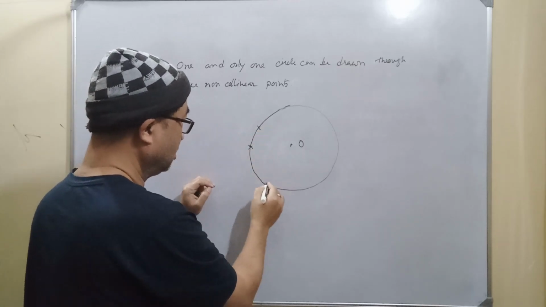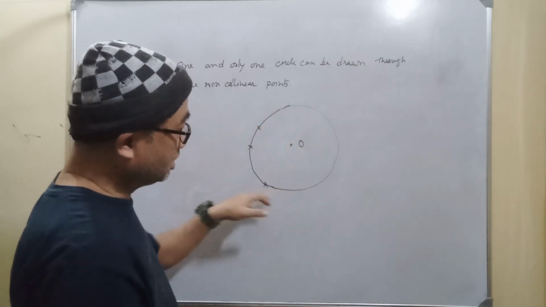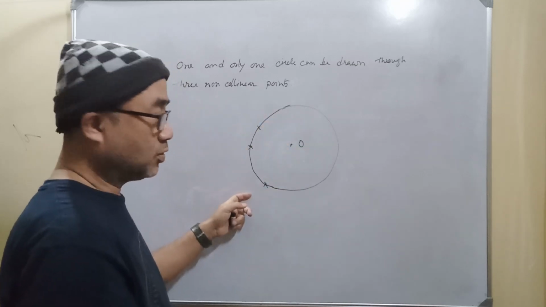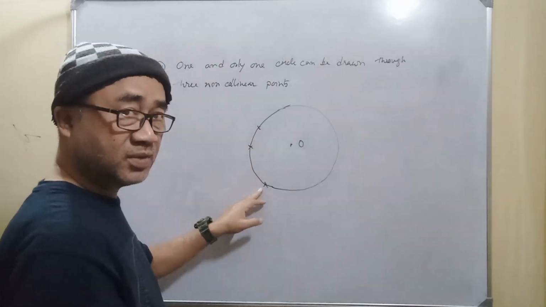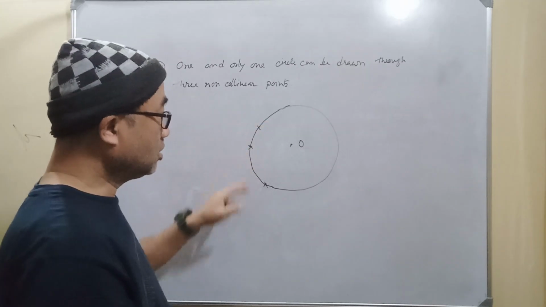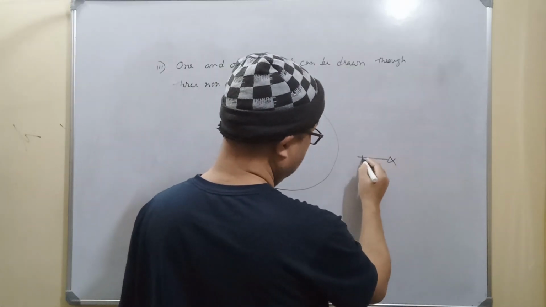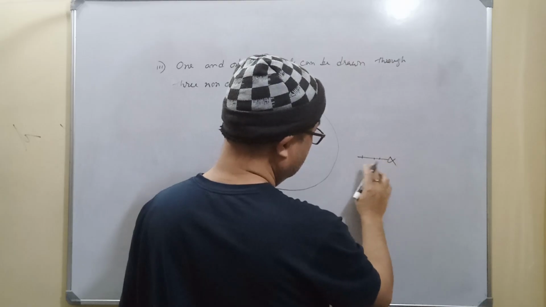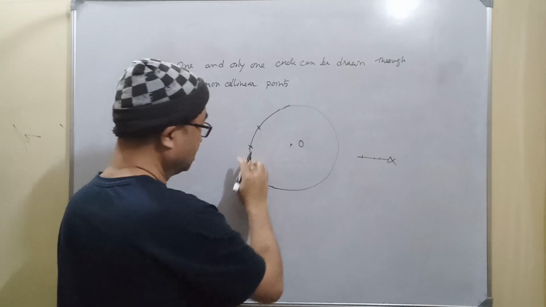This is 1 point, this is 1 point, this is 1 point. So only one circle can be drawn. The property says that if there are 3 non-collinear points, it means the points are not on the same straight line. These are on the same straight line, but these are not on the same straight line.